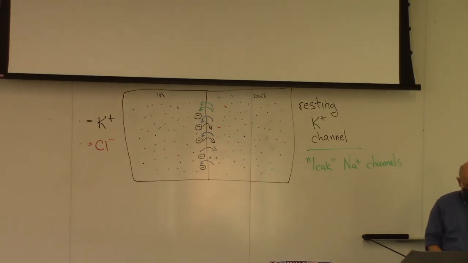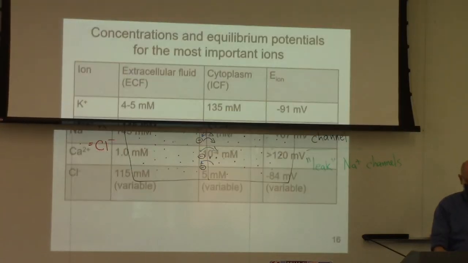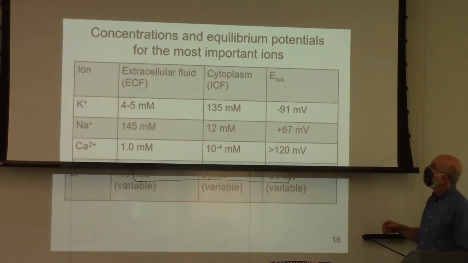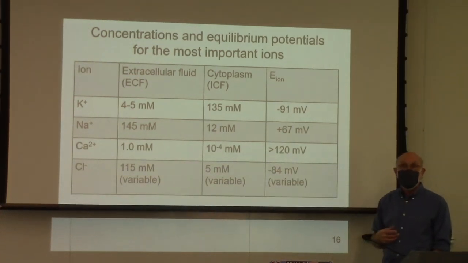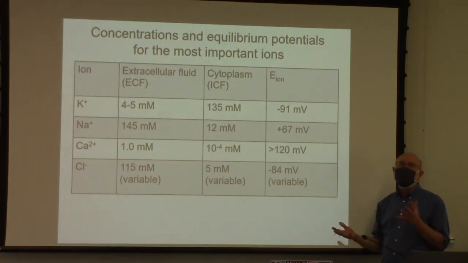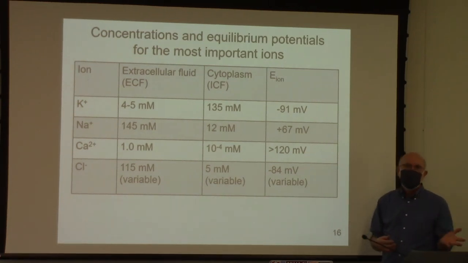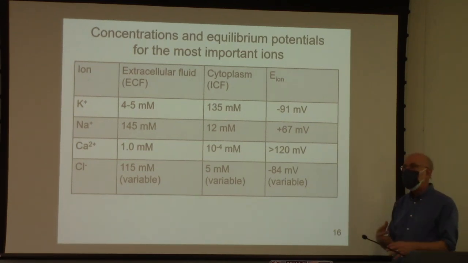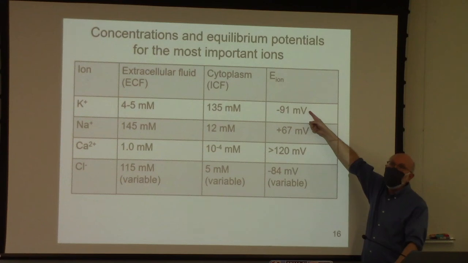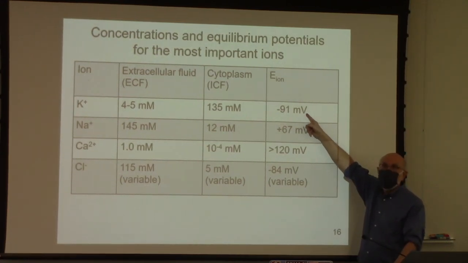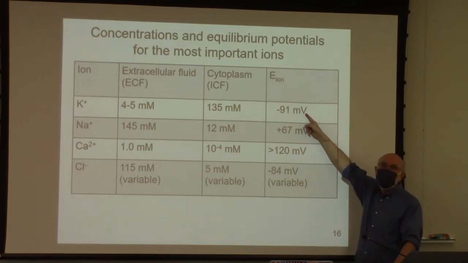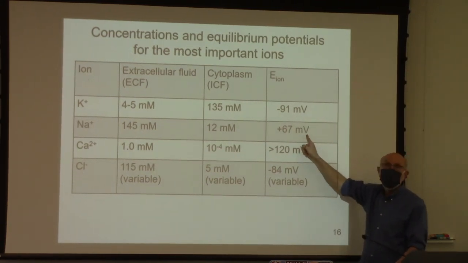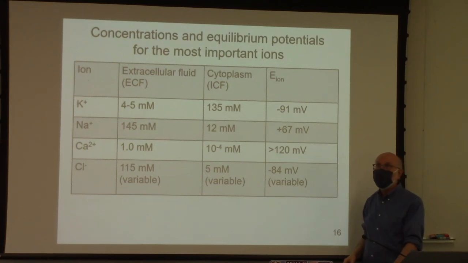And that's why the resting membrane potential, which you know from cell physiology is around minus 70, minus 65, minus 75, depending on the cell and its permeabilities, is not equal to the equilibrium potential for potassium. It's less negative than that, minus 60, because there's a little bit of sodium permeability at rest.